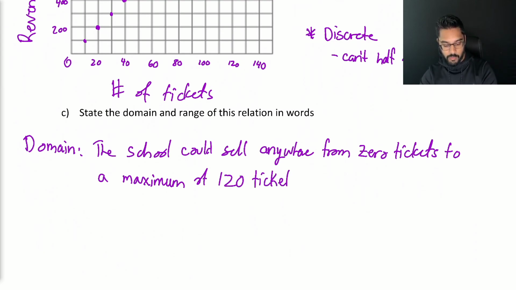Really, those are my endpoints. I could either sell none and have the show be a total flop, or I sell 120 and I sell them all. Those are really the only two options, and obviously everywhere in between.